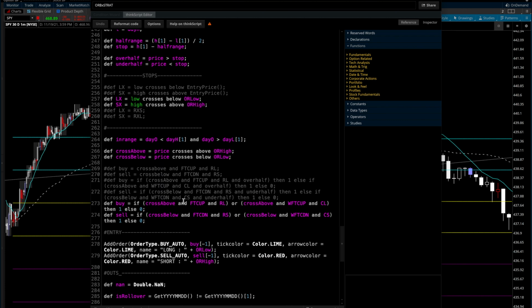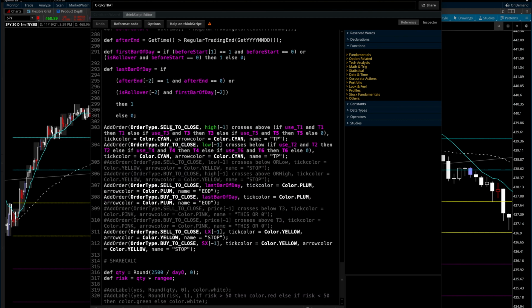So for a cross above, if you have FTC on the 30, 60, and daily, and a reversal long or a reversal short, you will get a long or short signal if all of this is true. You'll also get a long or short signal if you have a cross above or below, you have continuity from the weekly down, and you have a continuation long or a continuation short. All right? So that's that.